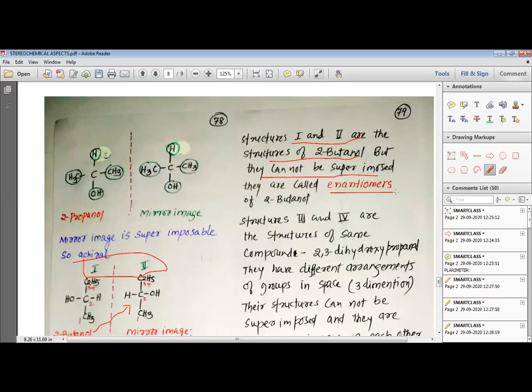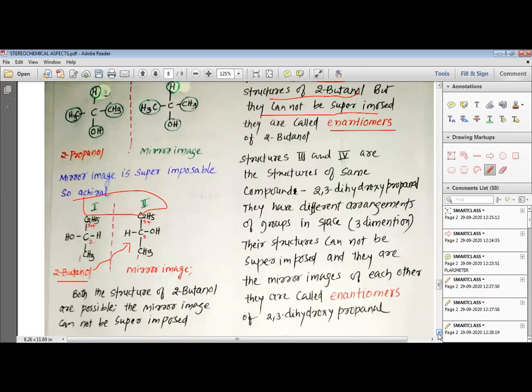When two structures are mirror images of each other and represent the same compound, but they cannot be superimposed, and they have a chiral carbon, they are known as enantiomers.